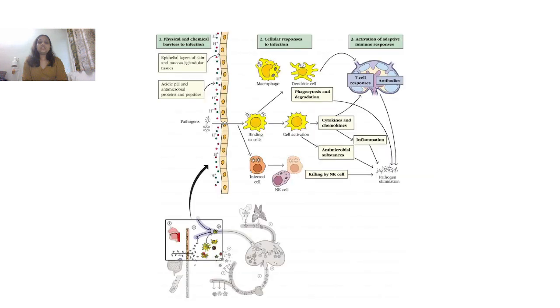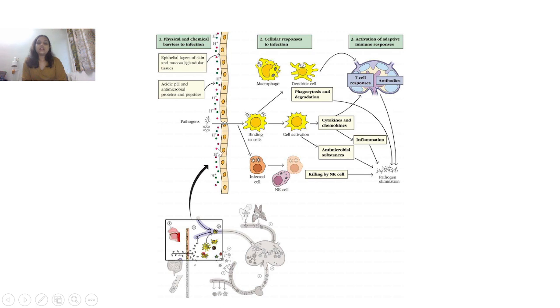We know that innate immunity comprises many different things. So what are the different functions or barriers to infection which comprise the innate immune system? First are the physical and chemical barriers to infection. We have skin, and there are different layers present in the skin.